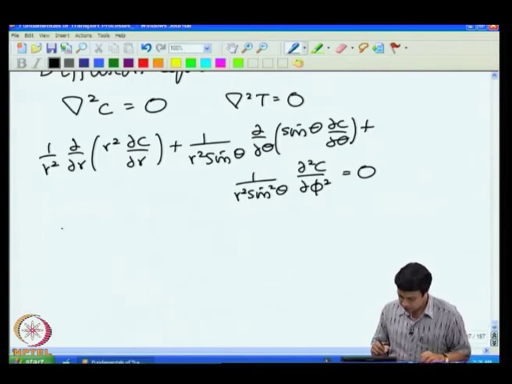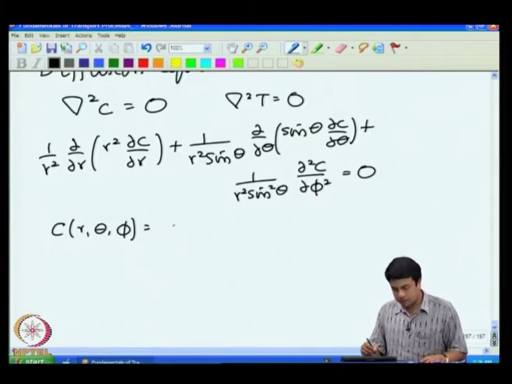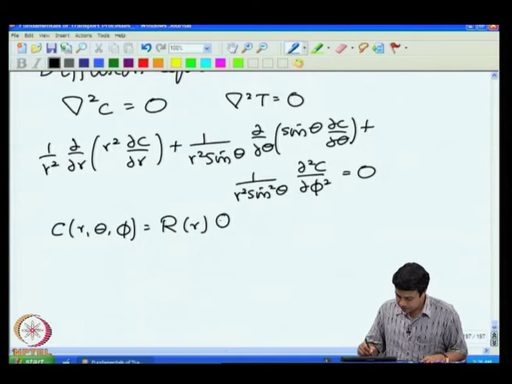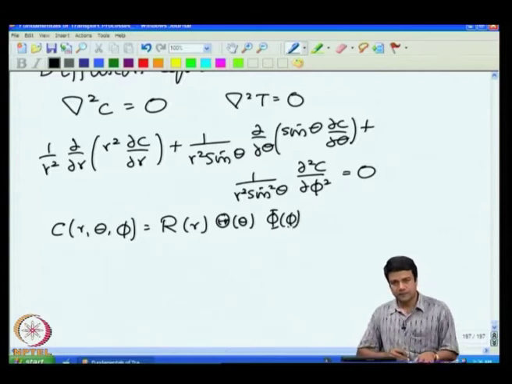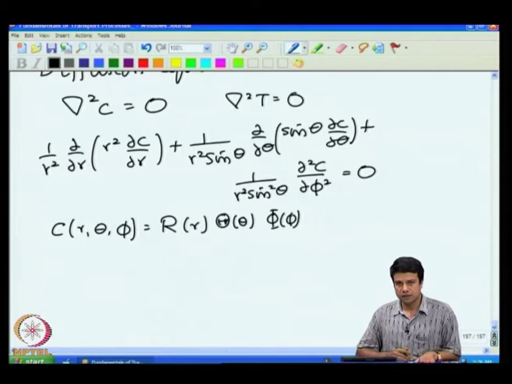So, I can use separation of variables. I can write concentration, which is a function of r, theta, phi, is equal to some function R of r, some function Theta of theta, some function Phi of phi, separating the variables into the dependencies on r, theta and phi.